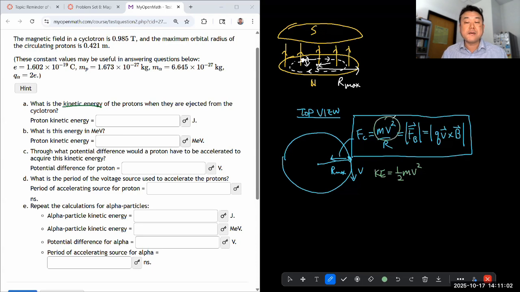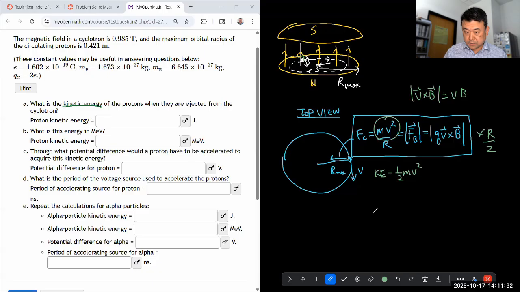I think I can multiply both sides by r and then divide by 2 to get something that looks like kinetic energy. And the arrangement here makes things simple because the velocity, the way you have it set up in a cyclotron, is perpendicular to the magnetic field. So I can just say the magnitude of V cross B is simply VB. I don't have to worry about the sine theta that comes from the cross product.